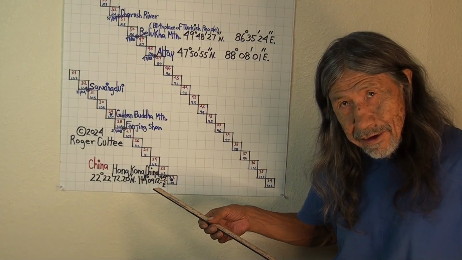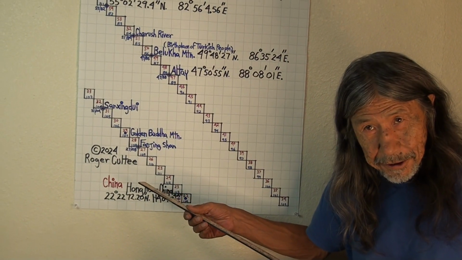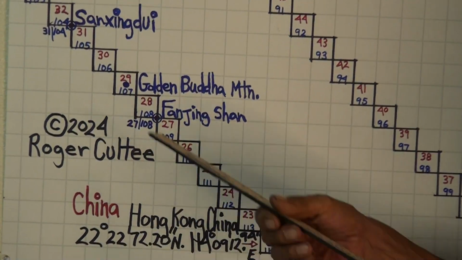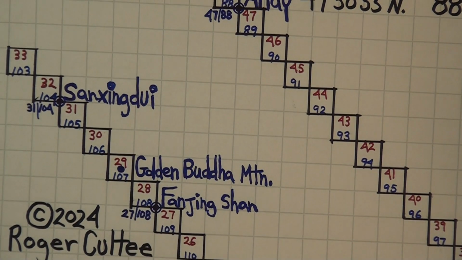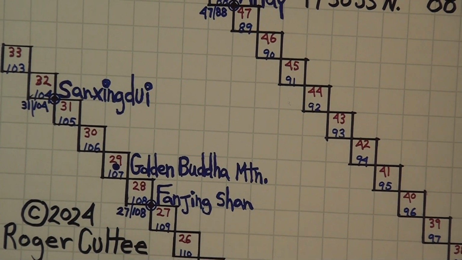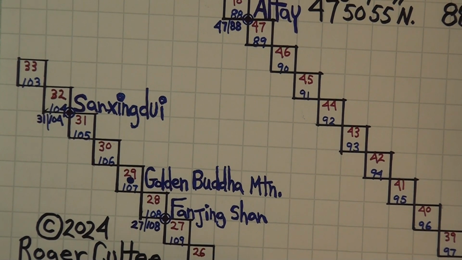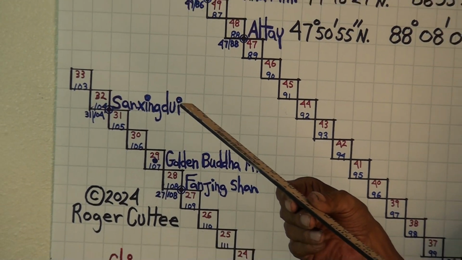Fanjingshan. I'm convinced this chart here is following a pilgrimage that Buddha took. I'm convinced, but it's so old. I mean, you got to remember, these charts are coming out from areas that are like Nan Madol. When was the last time Nan Madol was active? Over 13,000 years ago. But that's another subject too.